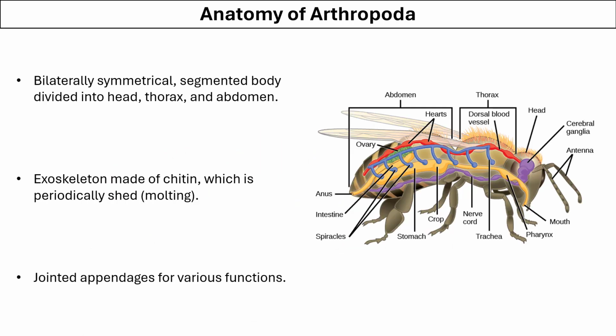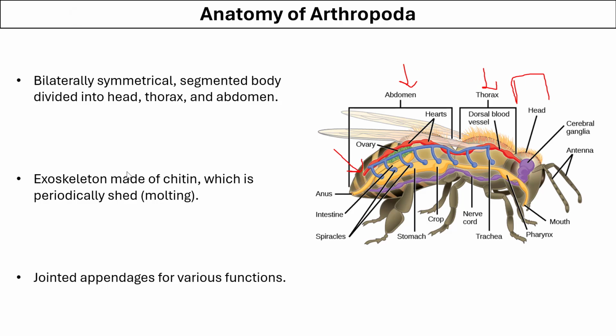These animals also have bilateral symmetry, which means they have the same left and right side of their body. They have segments, as you can see here, and their body is divided into 3 main parts. The front part is the head, followed by thorax and then abdomen.